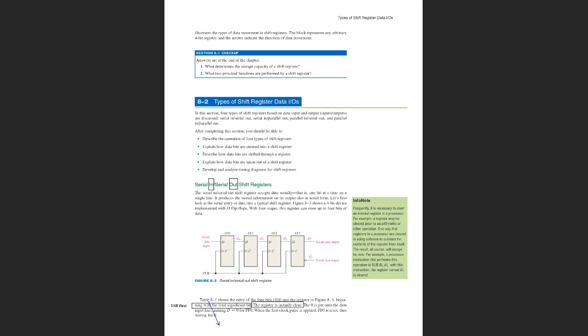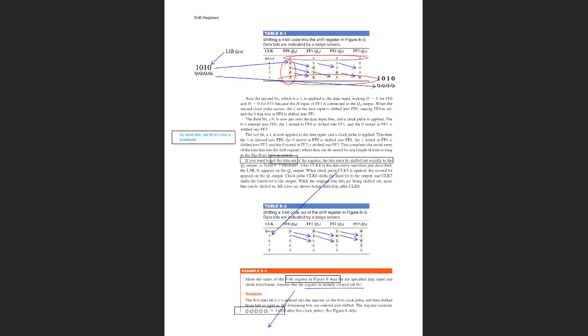And let's assume that the register is initially clear. So we enter 0, then 1, then 0, and then 1. Table 8.1 shows the content of flip-flops from FF0 to FF3. The upper row shows the initial values of the outputs of those flip-flops, which are all 0.